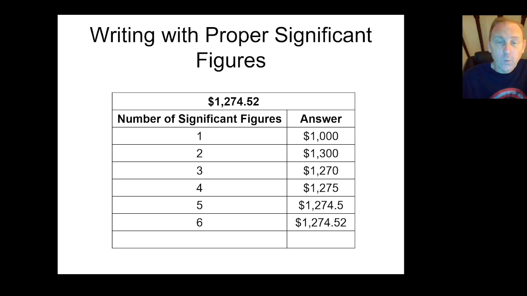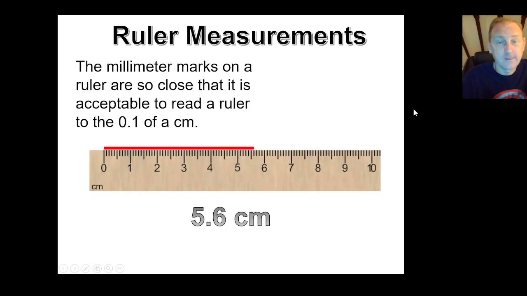Now, what if your calculator came up with this answer, but you're supposed to record the answer with 7 significant figures, where your calculator only gave 6? Well, you know what you would do? You would add a 0. You would add a 0 to it, and now there's 1, 2, 3, 4, 5, 6, 7, and because there's a decimal place, that 0 is significant. So you could write this number with 7 significant figures by adding a 0. Remember, if there's a decimal place, trailing zeros count.